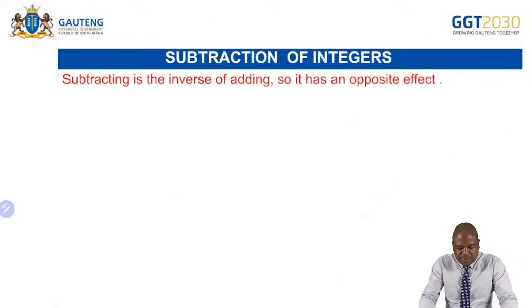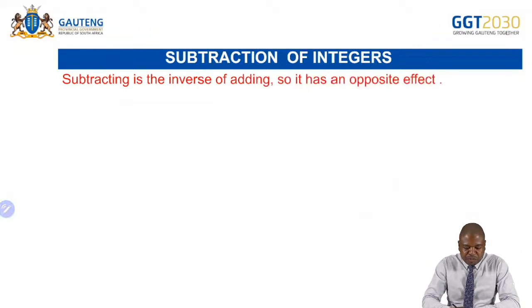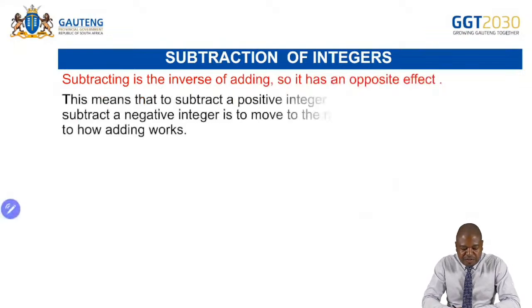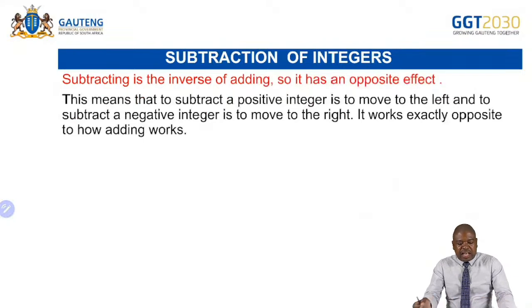So we end up at 9. Now, we need to note that subtracting is the inverse of adding. It is the inverse of adding. We mean it is the opposite of adding. So it is an opposite effect. This means that to subtract a positive integer is to move to the left.